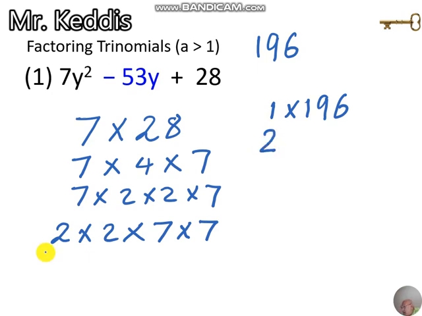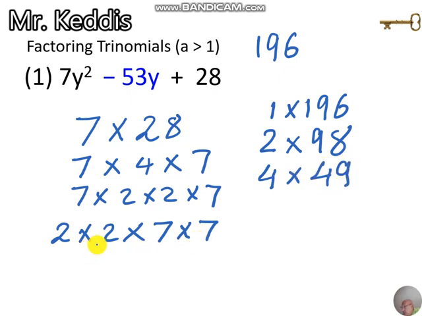If I hide the first 2 here, I multiply the rest: 7 times 7, 49, times 2, I get 98. There is no 3 here, but I can get 4: 2 times 2, I get 4, times 49.